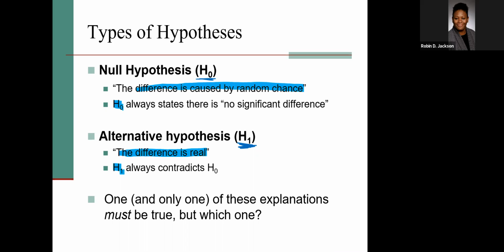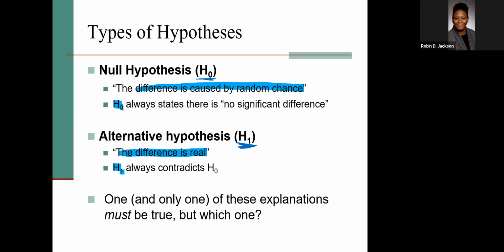And again, you want that null hypothesis to be untrue. If the null hypothesis is untrue, we reject it. And if we reject the null hypothesis, then what we're really saying is that there are, in fact, statistically significant differences between the two variables.